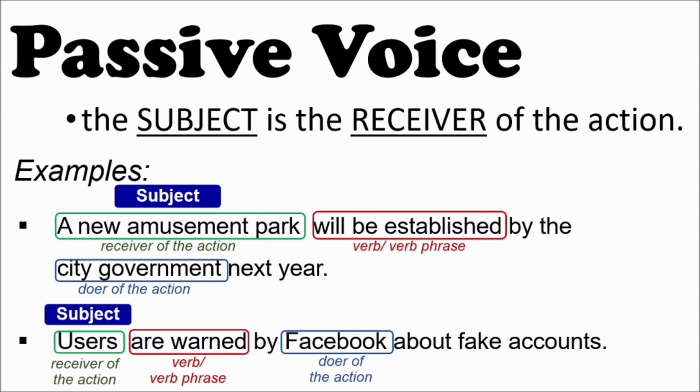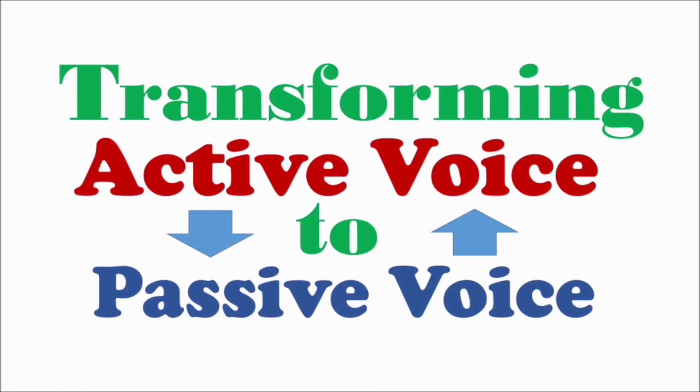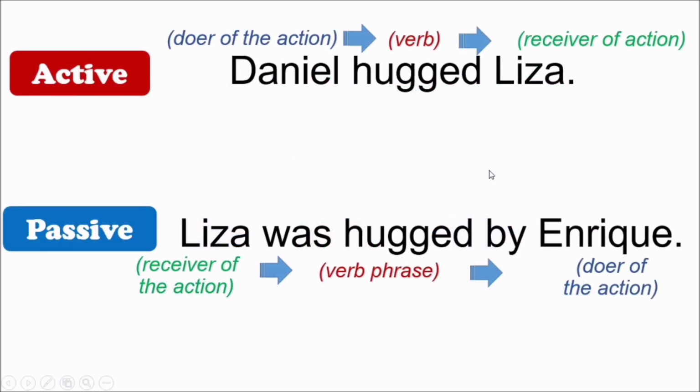Now this time, I'm going to teach you how to transform your active voice to passive voice or vice versa. Actually, it is so easy, especially if you know the structure for each voice. Look, in active voice, the doer of the action is always written first before the verb and then the receiver of action. In active voice again, the doer of the action is the subject of the sentence.